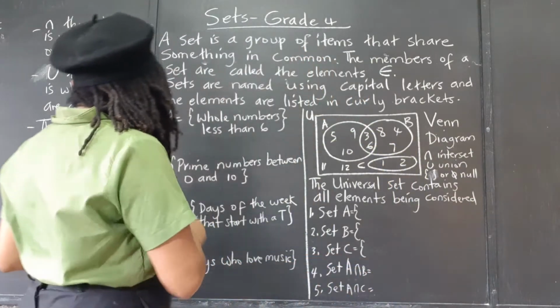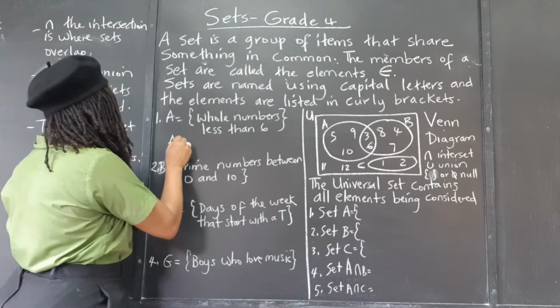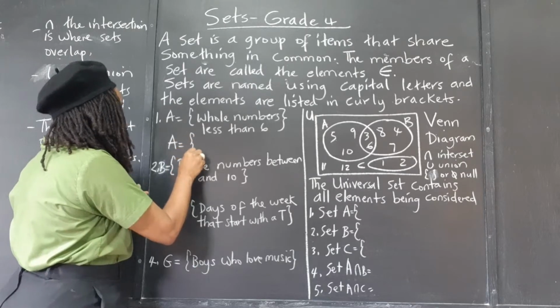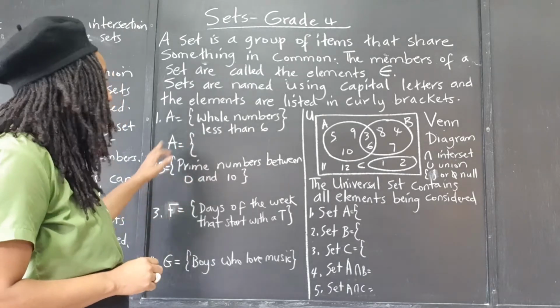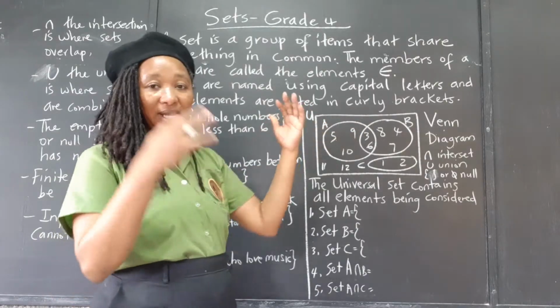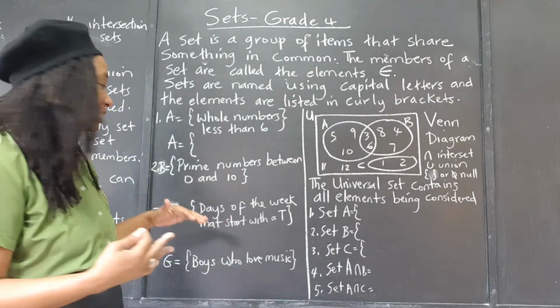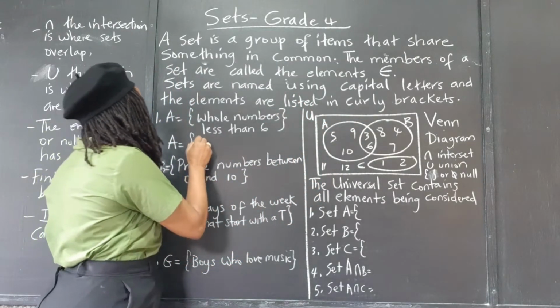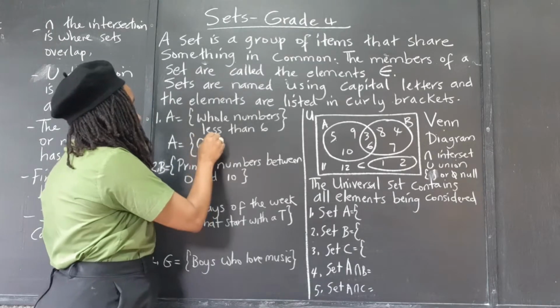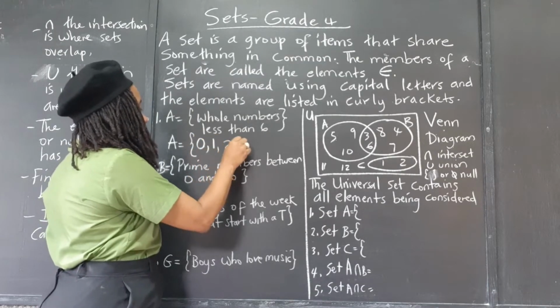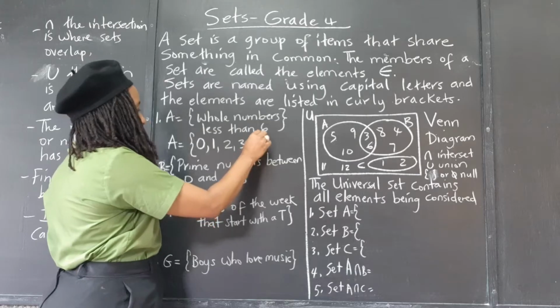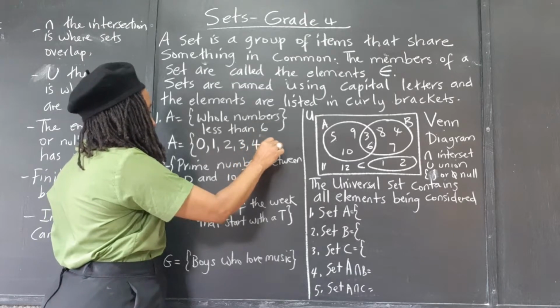So set A would be, put our curly brackets. Remember, we use curly brackets when we're listing the elements of the set. Curly brackets, 0 is the first whole number, 1, 2, 3, 4, 5.